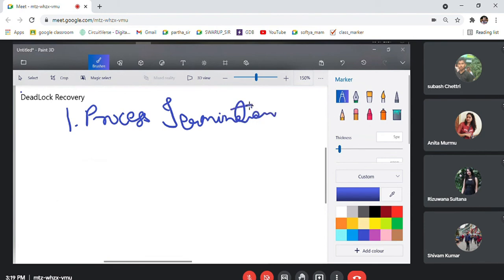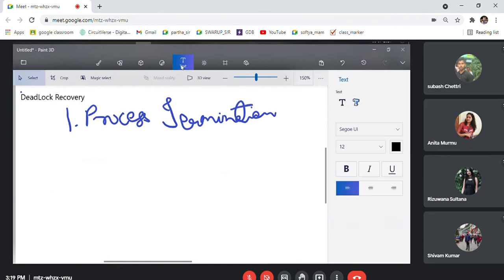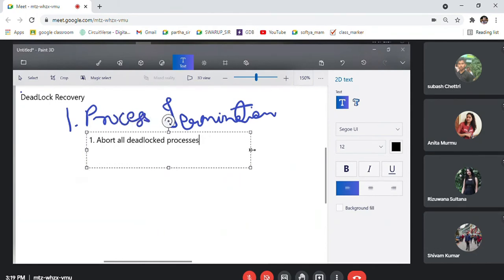What all you can do in process termination is, you can abort all deadlocked processes. You can kill all the processes, however many processes there are right now, kill them all.